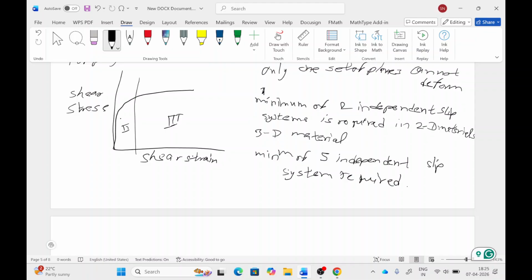So that's why it starts from the second stage, where the strain hardening is increasing, and after that, dynamic recovery starts in the third stage. Because of dislocation interaction and annihilation, the stress release occurs through the different cross slip and climb mechanisms.